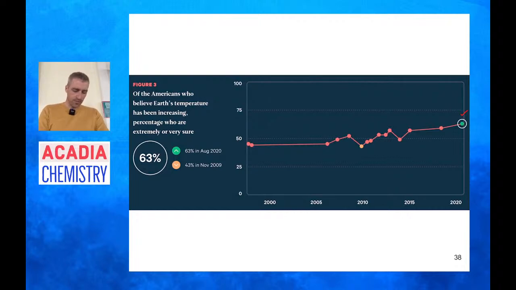But from November 2019, the answer went from 43% to 63% of Americans who believe that the Earth's temperature has been increasing in the last couple of decades. Which is good because we're seeing this shift in perception, which I think is necessary for there to be a shift in political priorities around something like this.